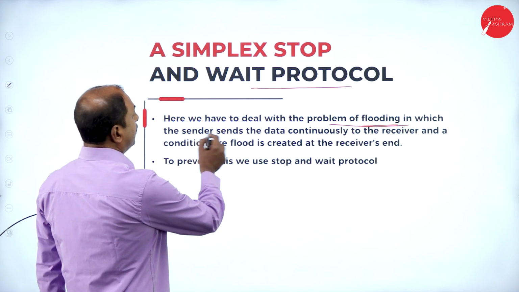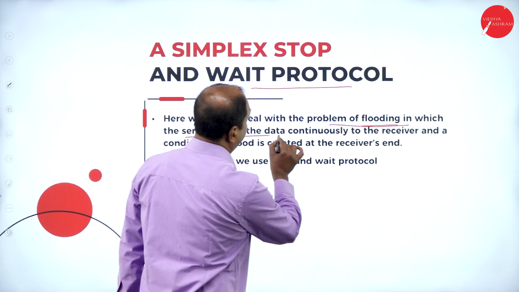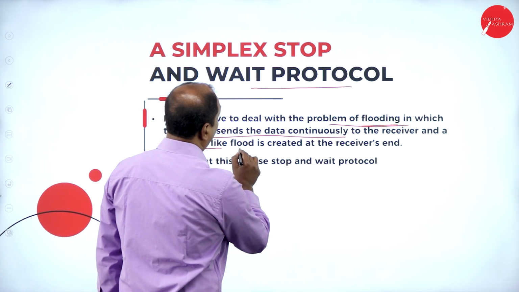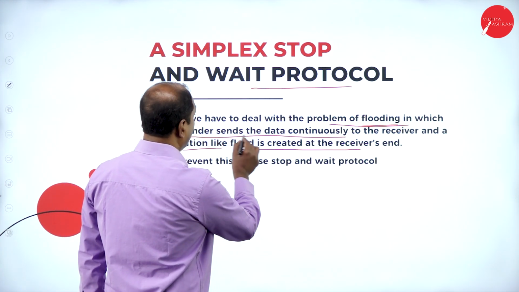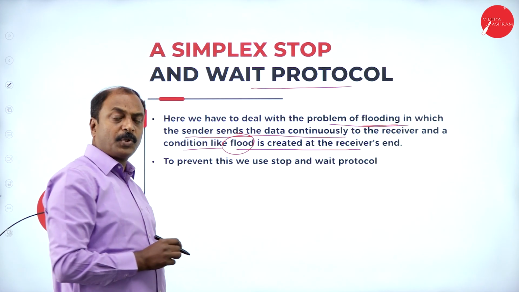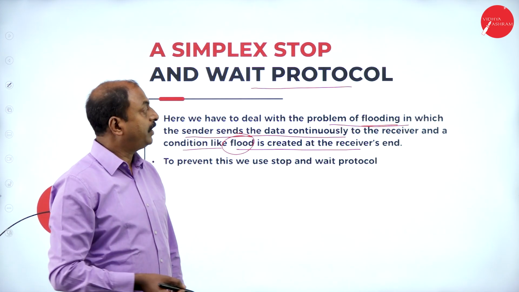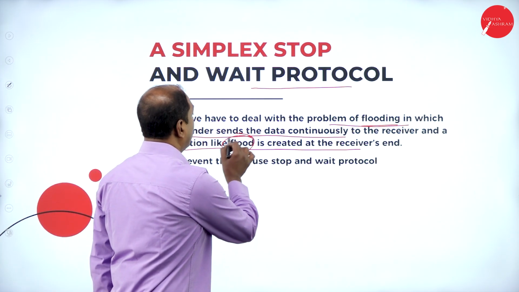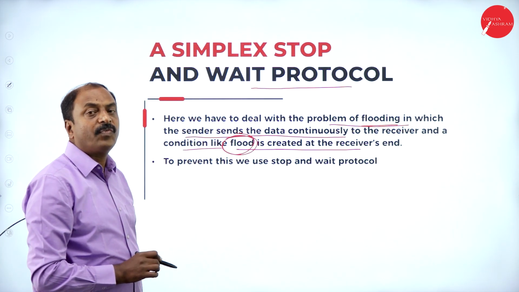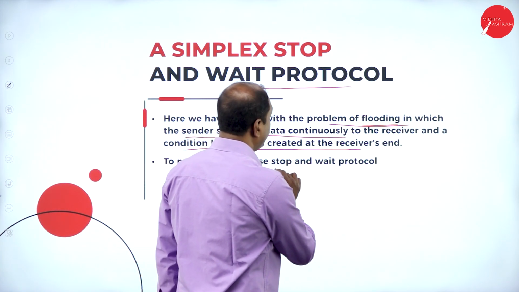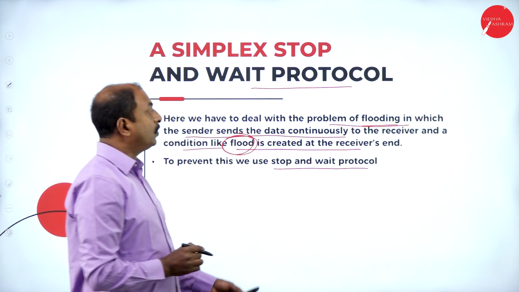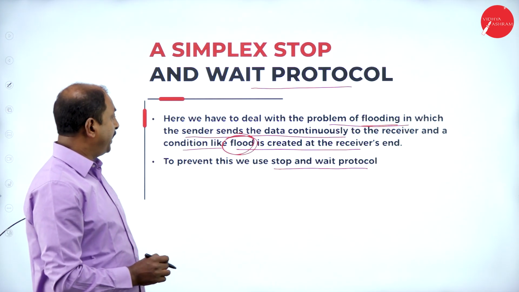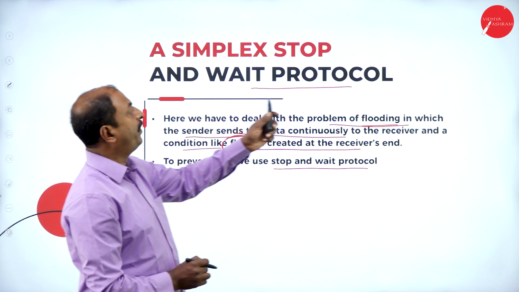In which the sender sends the data continuously to the receiver and a condition like a flood is created at the receiver end. So this is called flooding. To prevent this, we are using the stop and wait protocol. To avoid this flooding during data transmission in the network, we use stop and wait protocol.